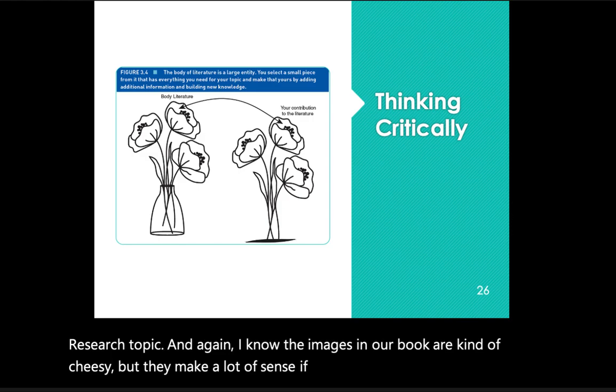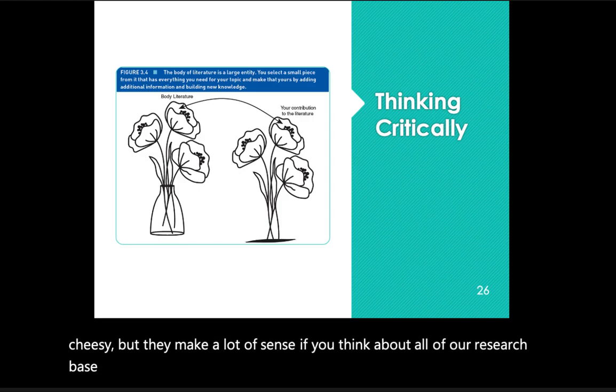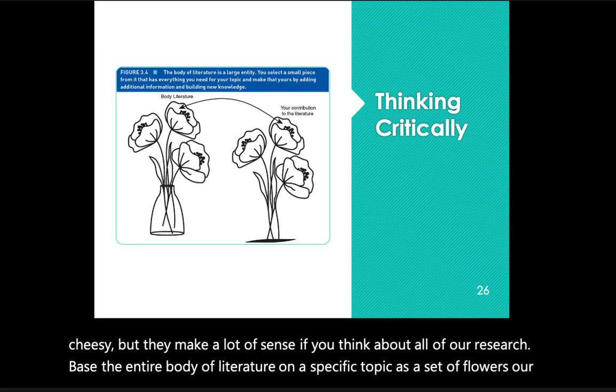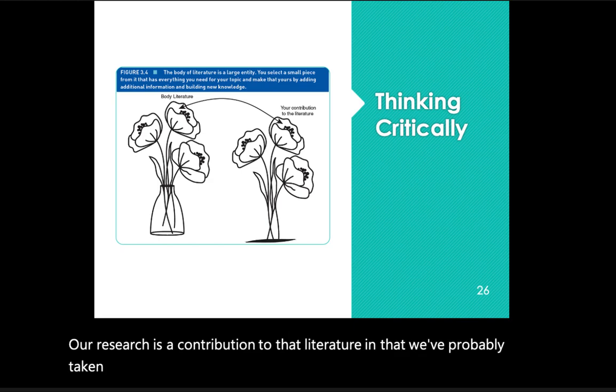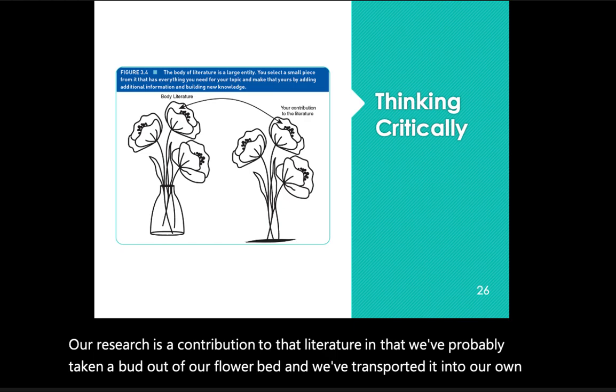If you think about all of our research base, the entire body of literature on a specific topic, as a set of flowers, our research is a contribution to that literature in that we've probably taken a bud out of our flower bed and we've transported it into our own flower bed and we're growing it.